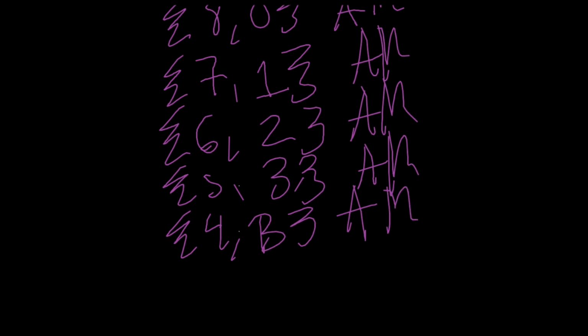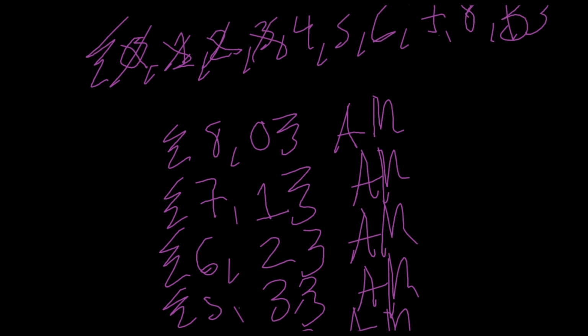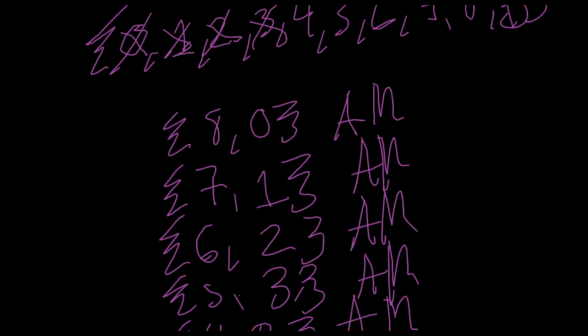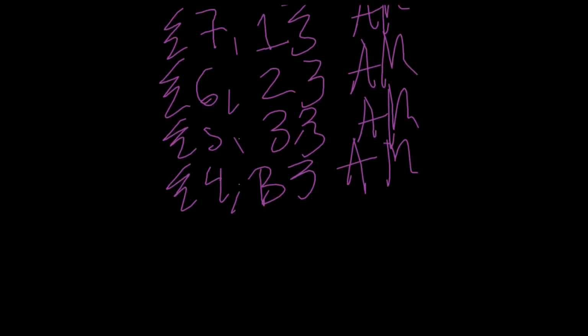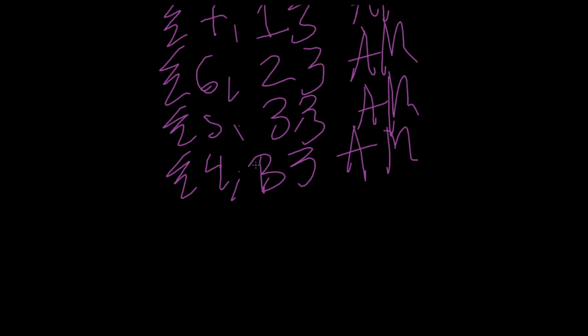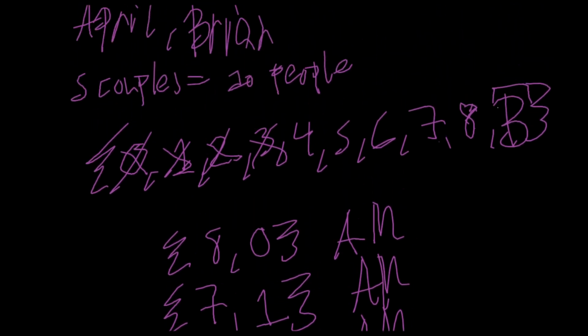But the question was, how many people has April shaken hands with? But since Brian is married to this 4, then this 4 must be April. So the answer is April has shaken hands with 4 different people.